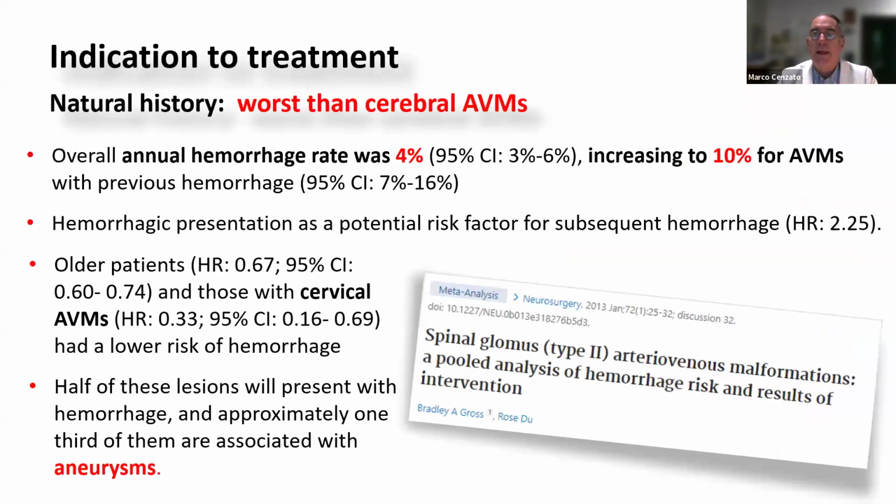As we know, they have a worse natural history. They are worse than the cerebral AVMs. They have a higher annual hemorrhage rate, and they are highly eloquent, so they can for sure give big problems from a neurological point of view.